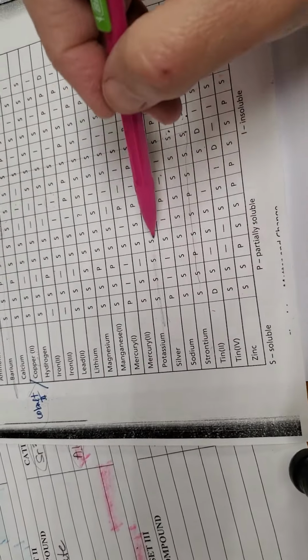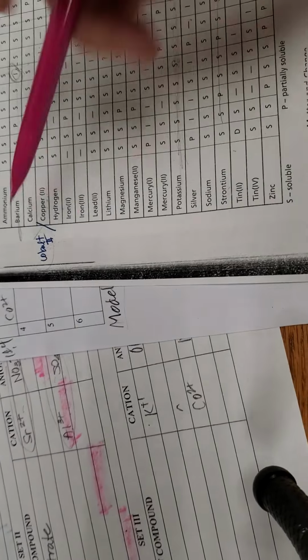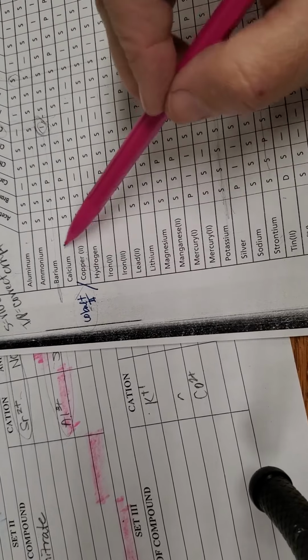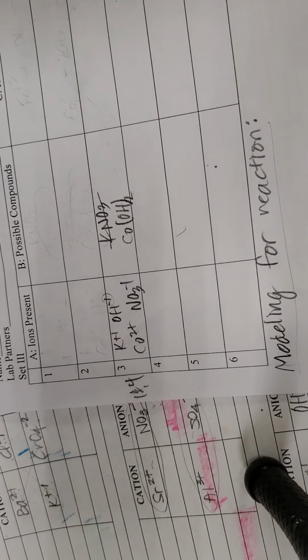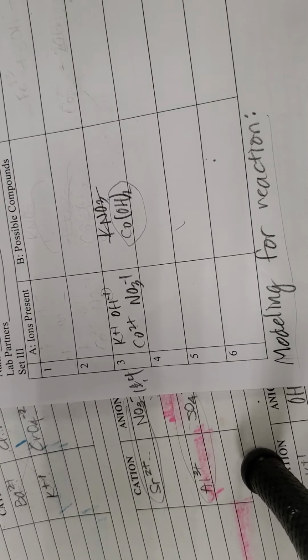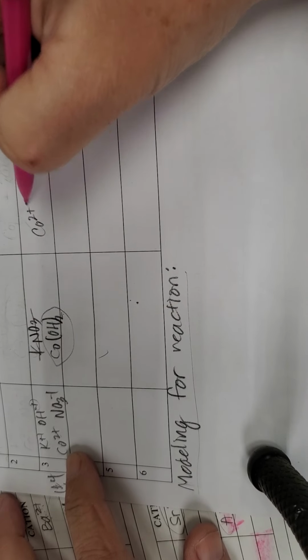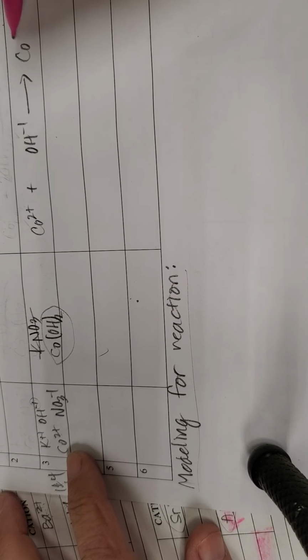Like we looked at before, potassium never forms precipitates. I know this is written cobalt here, but we don't really have cobalt in our chart, so we're gonna do a process of elimination. I know it's not that, so something's cloudy, it's gonna have to be that. So we only have 2 things we're looking at. In that case, we can do process of elimination with cobalt and say that my cobalt ions plus my hydroxide ions form my compound.